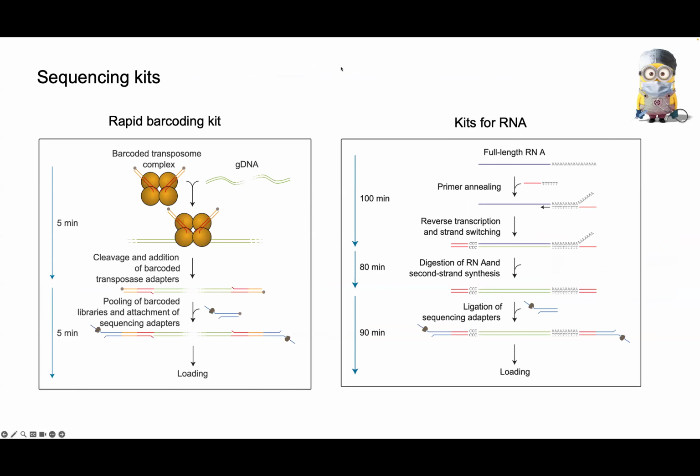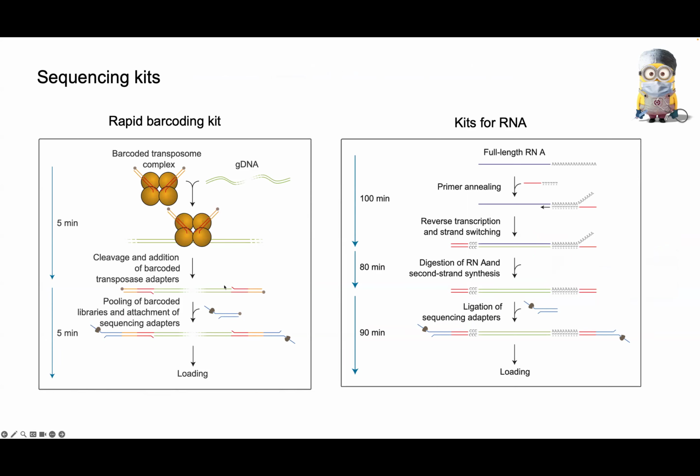I don't want to go into a deep explanation of the sequencing kits you can use, but I just want to highlight one kit we are frequently using here at the lab, which is called the Rapid Barcoding Kit.